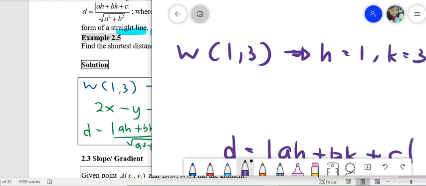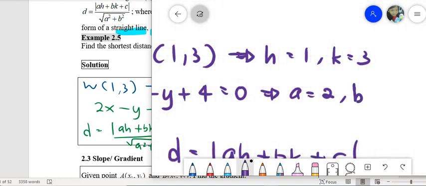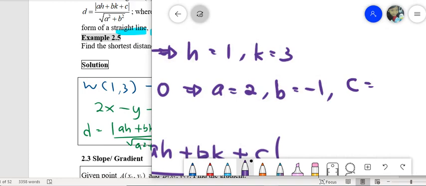After that, rearrange into the general equation of a straight line, and from there identify your a, your b, and your c, that is 4.